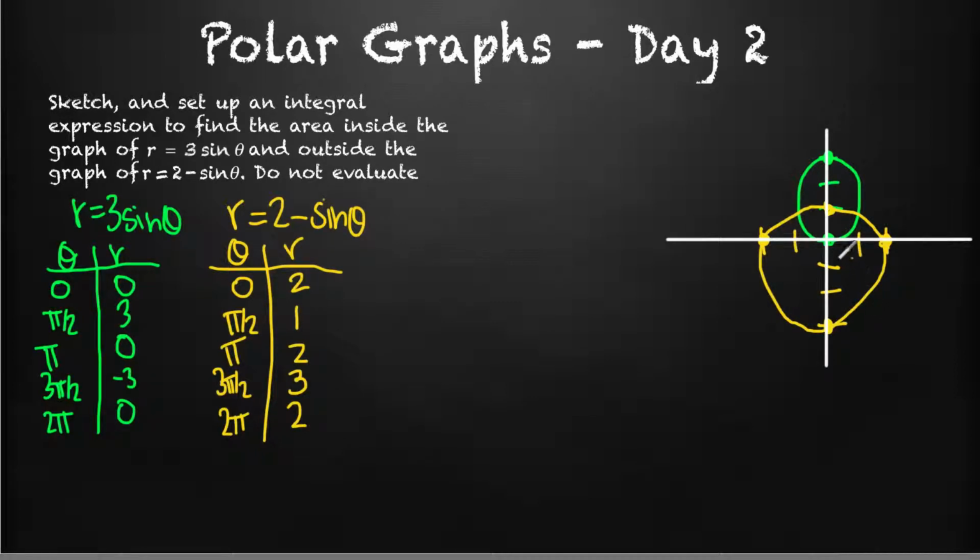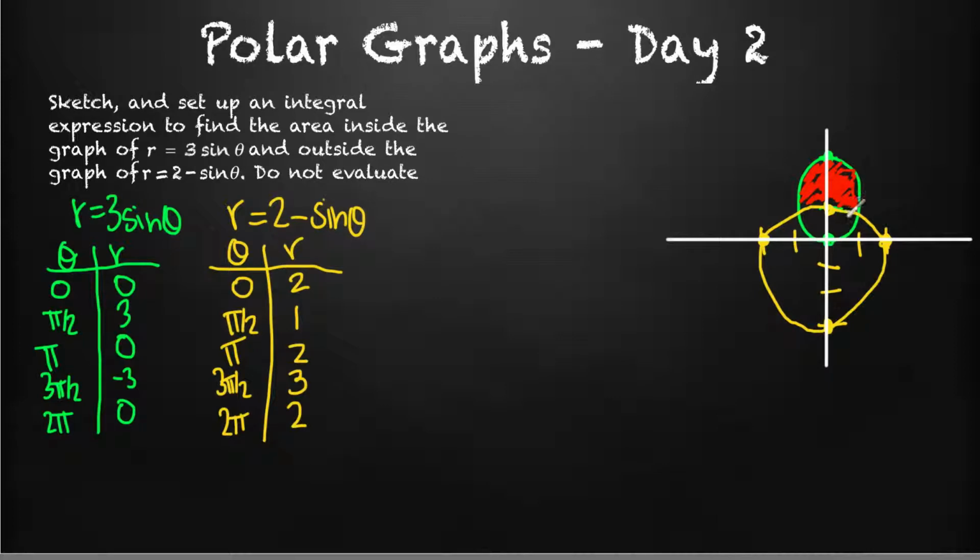All right. So we want to find the area that is inside of the green curve. So we will make that red. So inside the green curve, but also outside of the yellow curve.